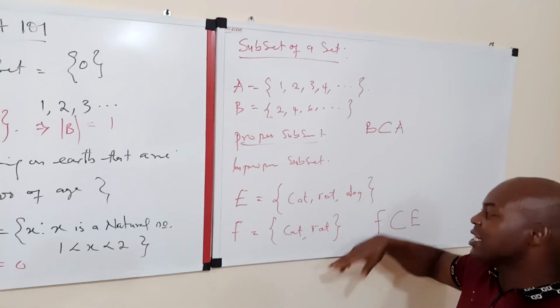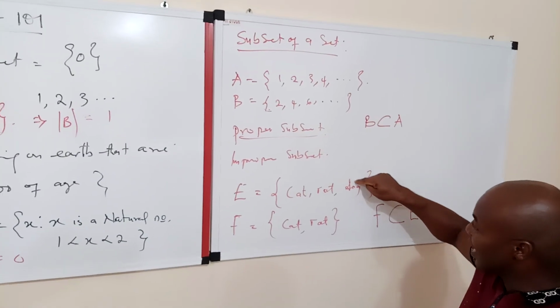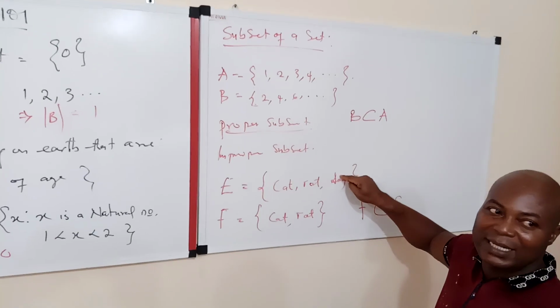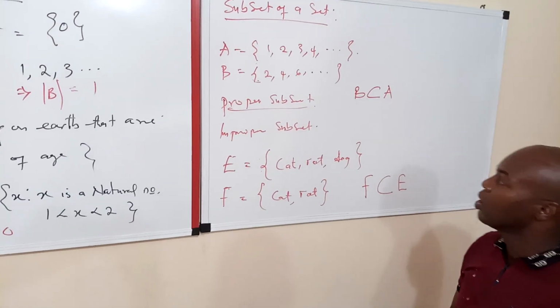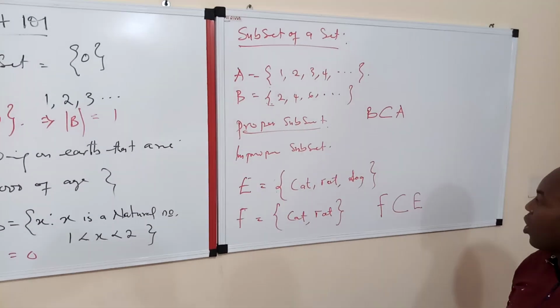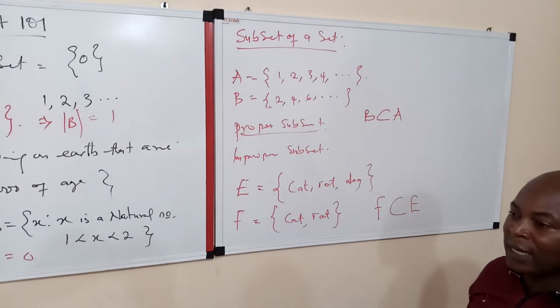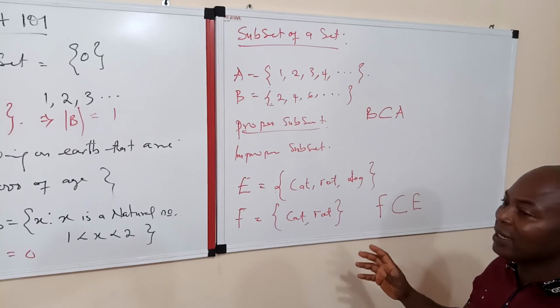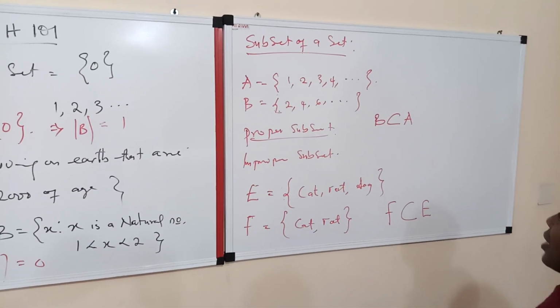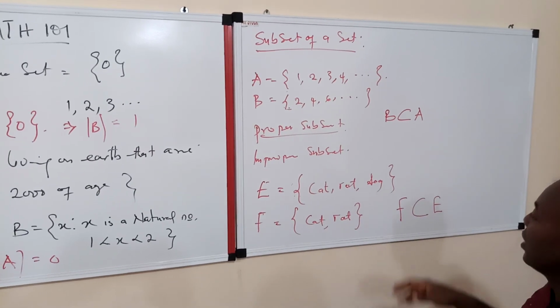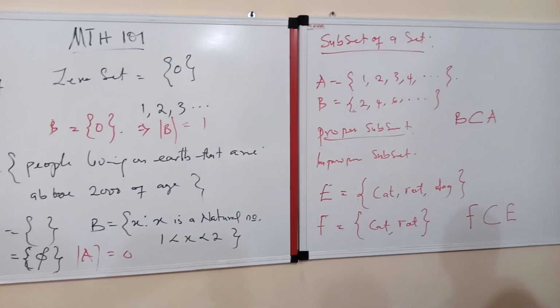So it's a subset, but it's proper because there is an element here that is not contained in this one. So this kind of representation is called a proper subset, when one is fully contained in the other, and there are also elements in the other that are not contained in the former.